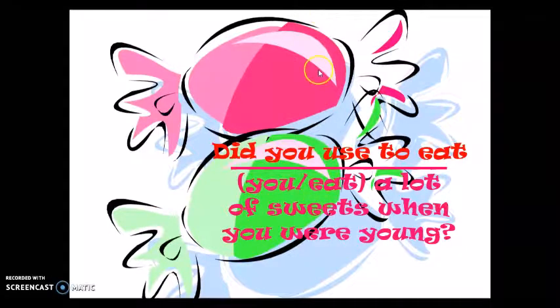Those are sweets or candy. When you were young. ¿Solías comer dulces cuando eras joven o más joven? Right? Remember this structure we did at the beginning.